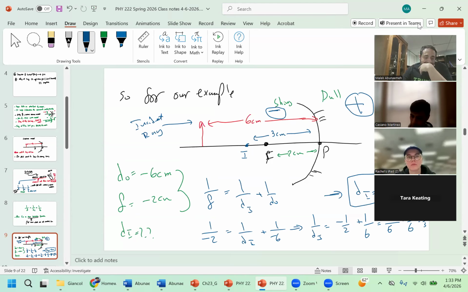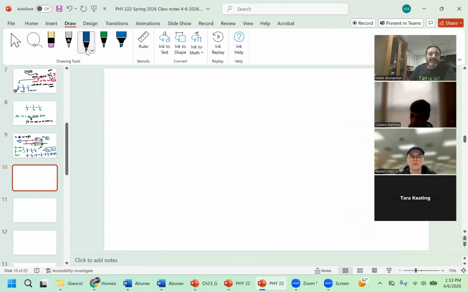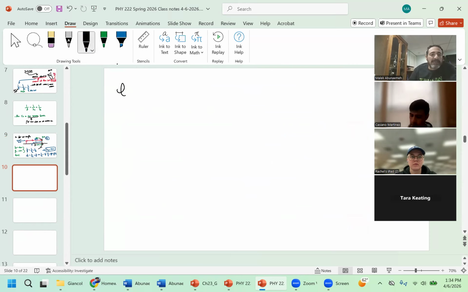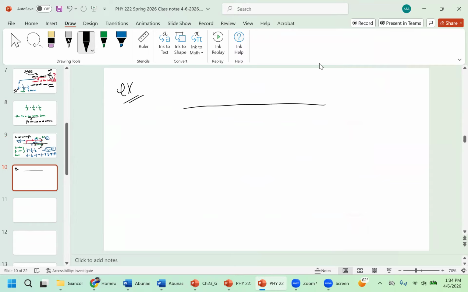Now, let's do another example, shall we? Let's say we have a convex mirror where you got an object. This object, let's say, is 3 centimeters from the mirror, and it's creating an image.